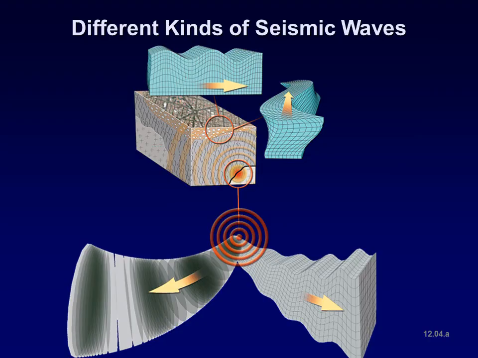Different seismic waves. So this figure shows a block of crust, an earthquake location, and various waves that are generated underground and along the Earth's surface. The blue waves occur along the surface.